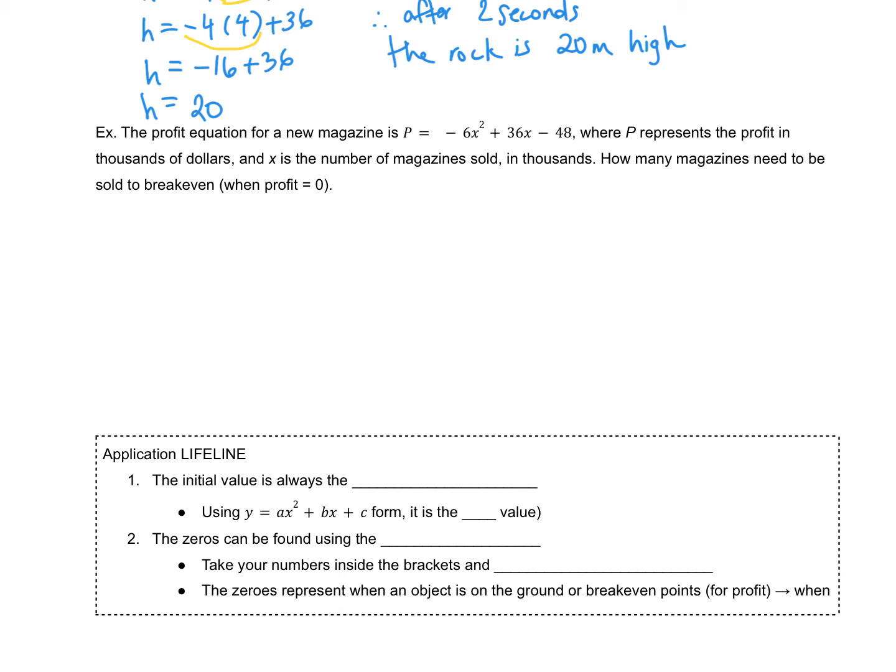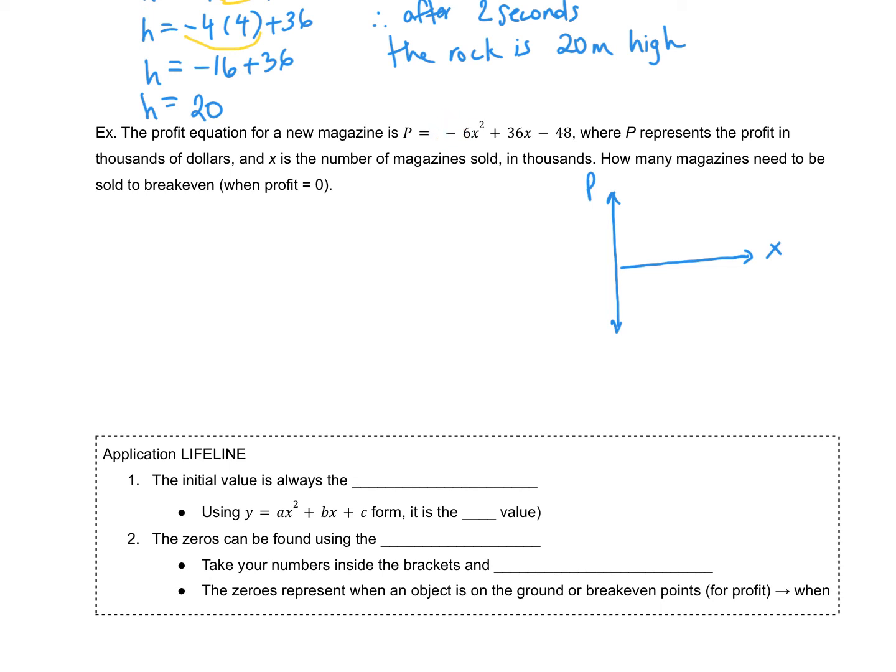So I'm going to make a little sketch here. Here's profit. And here is the number of magazines sold. Now the reason I'm letting profit be positive or negative, because you can make money or you can also lose money. Now for my sketch, I see that the a value, or the value in front of x squared, is negative.